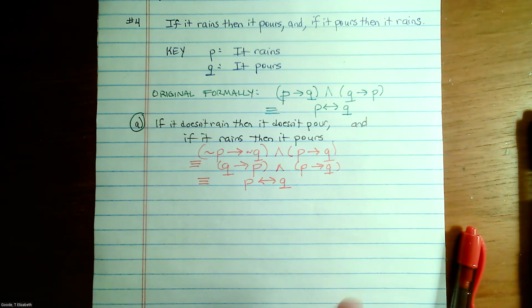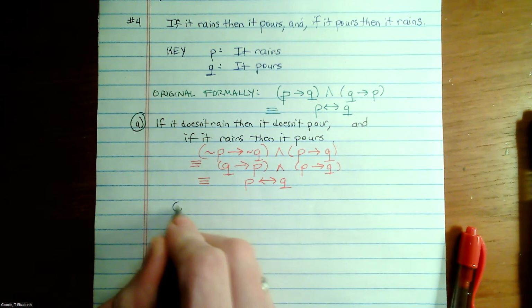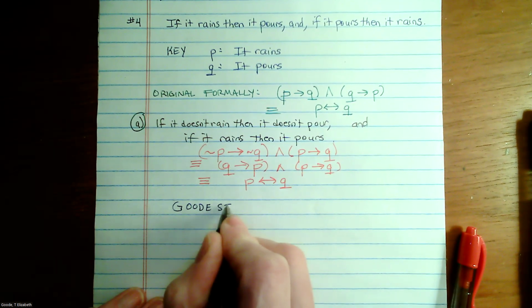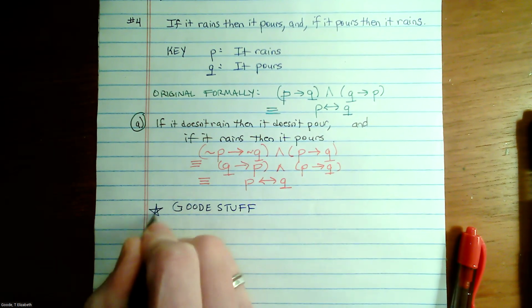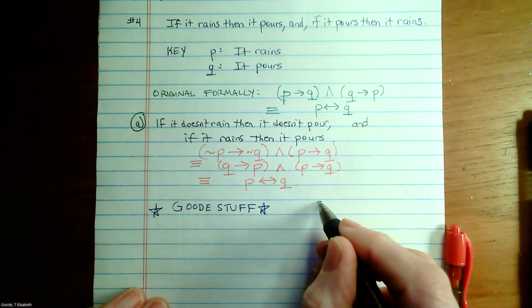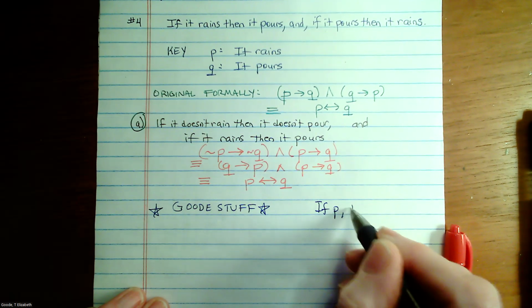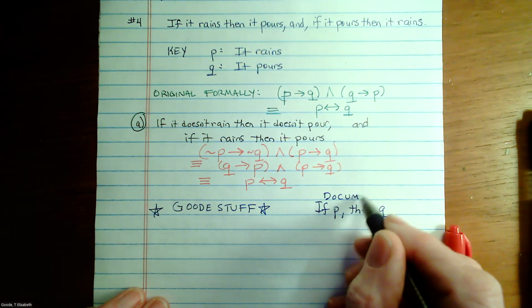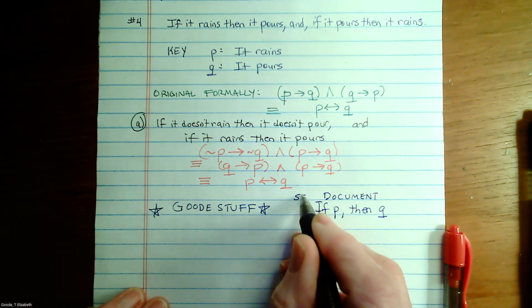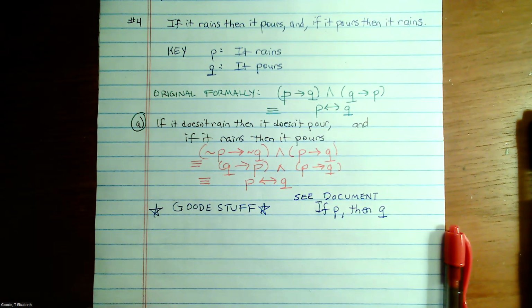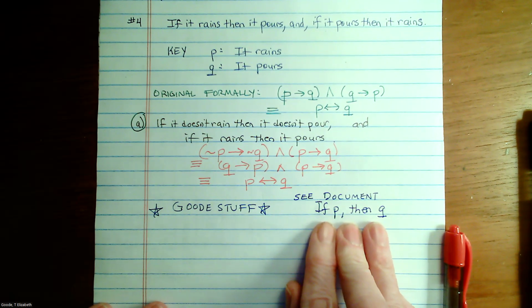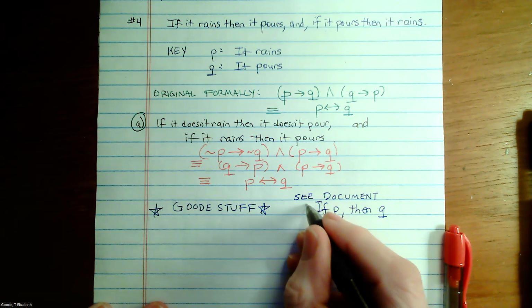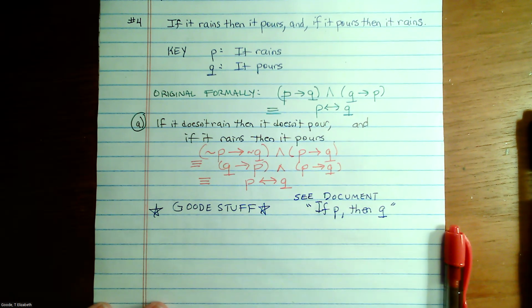And it's a great practice. The best reference material to use is in the good stuff folder. There's that really nice reference document, if P, then Q, that tells us so many different ways to say if P then Q. And if we know lots of different ways to say if P then Q, then we know lots of different ways to say if Q then P. You would just switch the P's and the Q's.